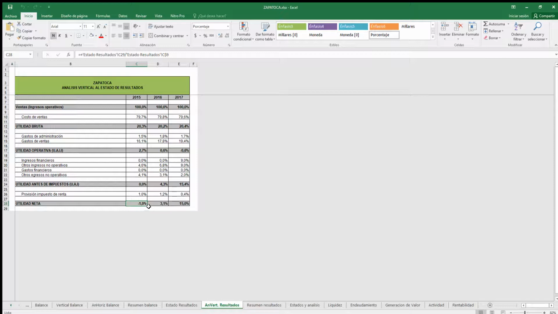Making the conclusion, the utility decreased. We have in 2015 a negative utility, but in 2016 and 2017 we have positive utilities. The better utility was in 2017.